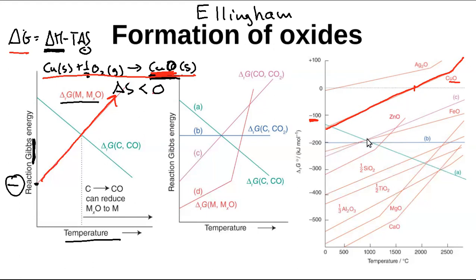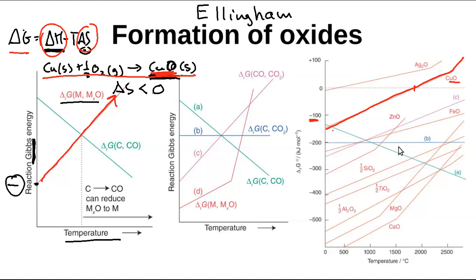There could of course be a lot of other things that happen, but this red line is just showing this very reaction, assuming also that delta H and delta S are independent of temperature, which is far from true, but at least it is an approximation.